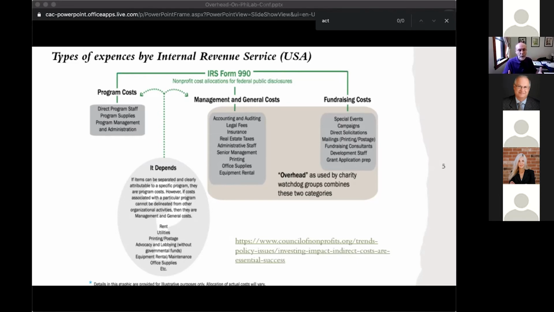So there's a vacuum around everything related to, for example, training of employees or doing R&D for the development of the organization. Those are classical elements that you encounter in private enterprise, but for the social economy or not-for-profit, they are not usually considered as management and general cost. Next slide, please.